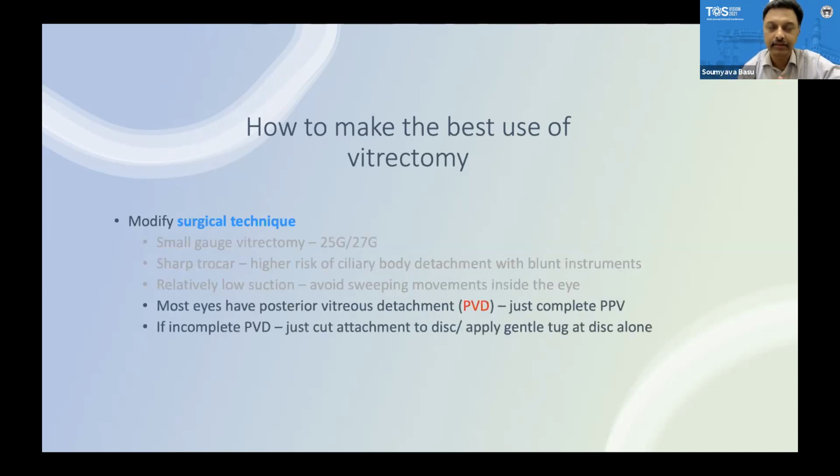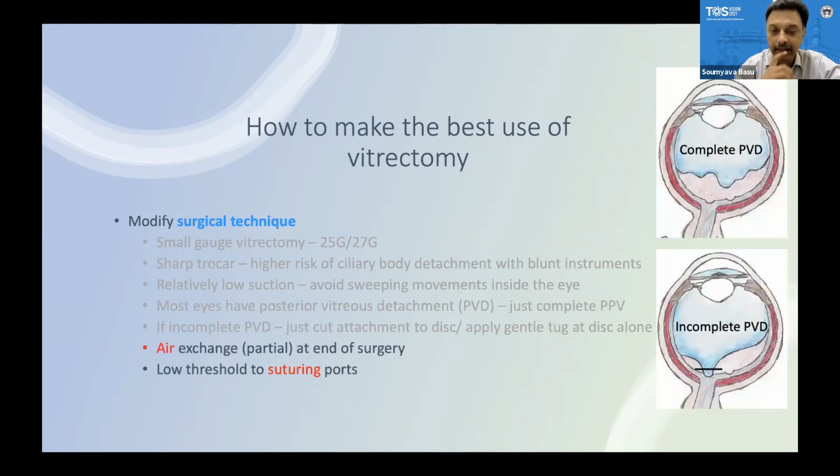Most of these patients have posterior vitreous detachment. This has to be understood very well. So we just need to complete the vitrectomy without needing to apply any additional suction for the PVD. And if there is an incomplete PVD, just cutting the attachment at the disc or applying a gentle tug at the disc is very sufficient.